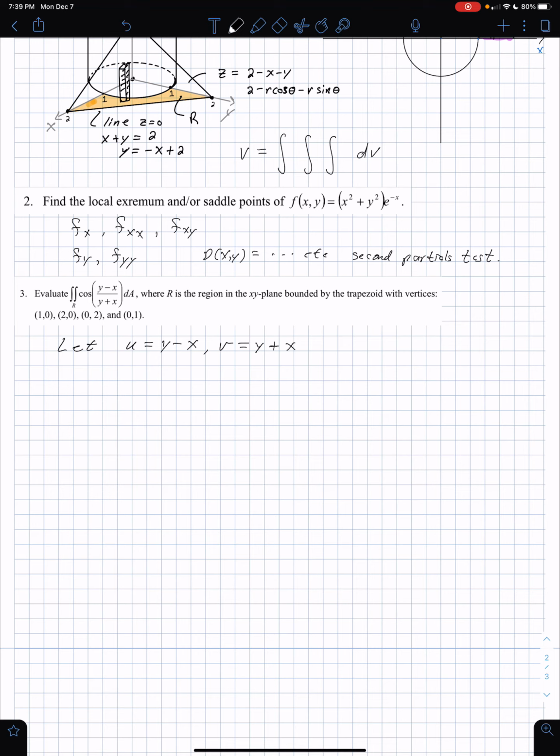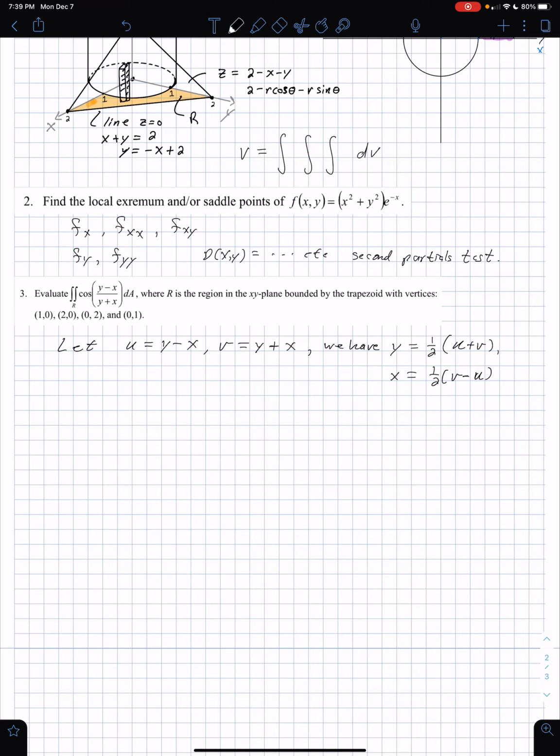And then you need to do the transformation. So what you'll do is you'll solve for x and y. So you'll solve for y, and you'll get y is 1/2 (u plus v), and you'll get x is 1/2 (v minus u).